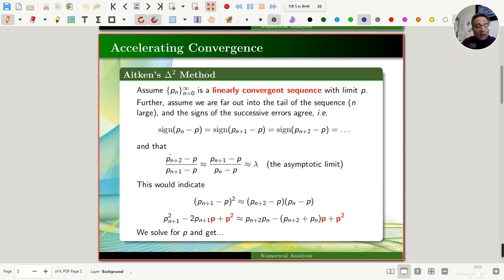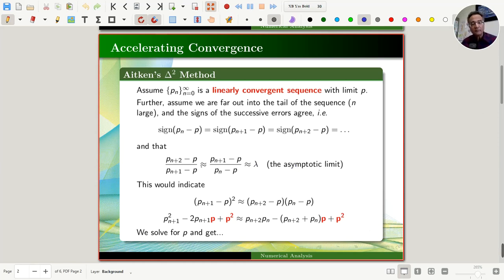And consider this almost equality. In fact, (Pn+2 minus P) over (Pn+1 minus P) is almost equal to (Pn+1 minus P) over (Pn minus P), and this is almost equal to lambda, that is the asymptotic limit.